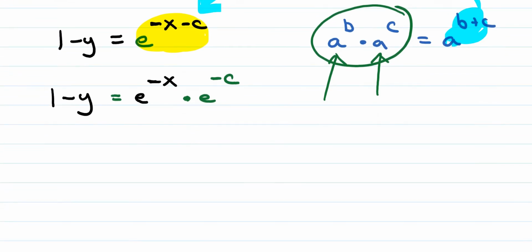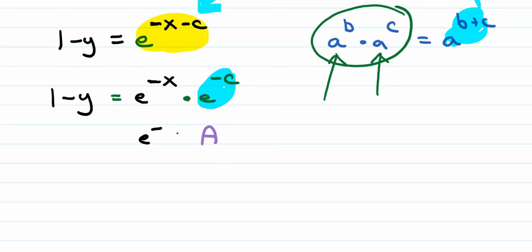One of the reasons why we write the right-hand side into two different exponents with the same base is that you need to recognize that this part right here, e to the power of negative c, where e is like 2.7 something, to the power of a negative constant, is just a constant. So we're going to use the letter a to represent that constant.